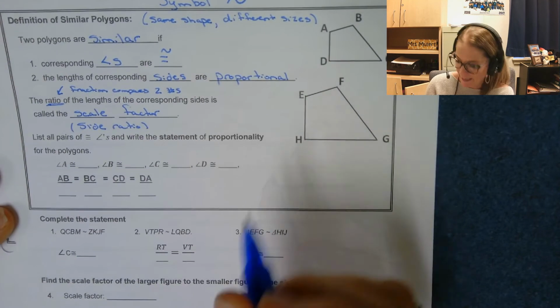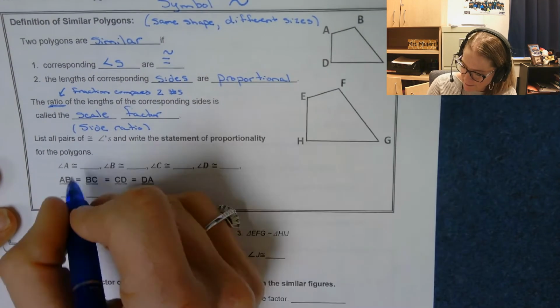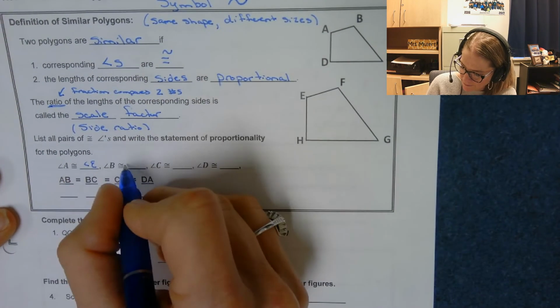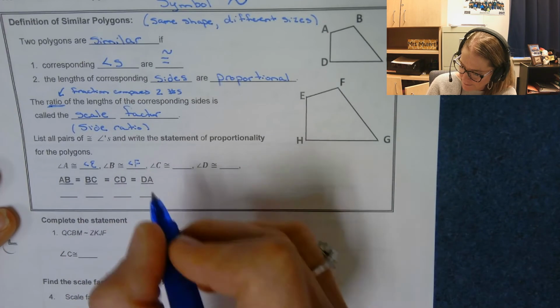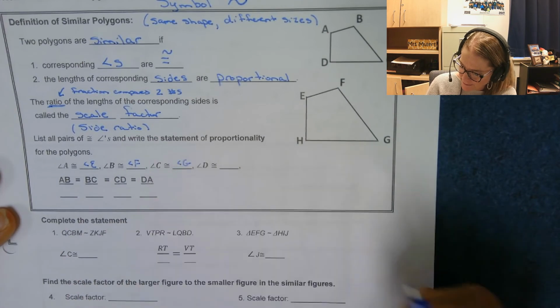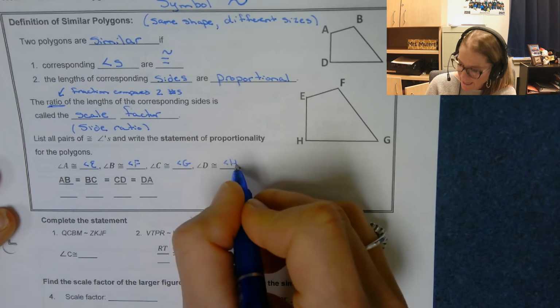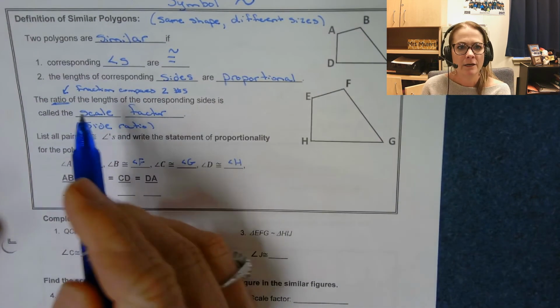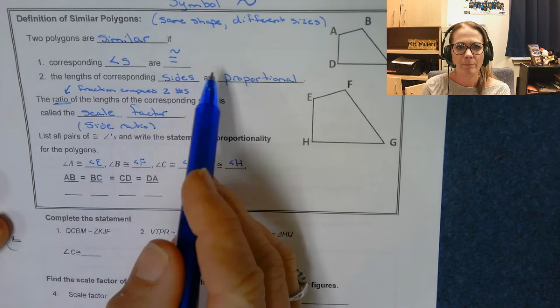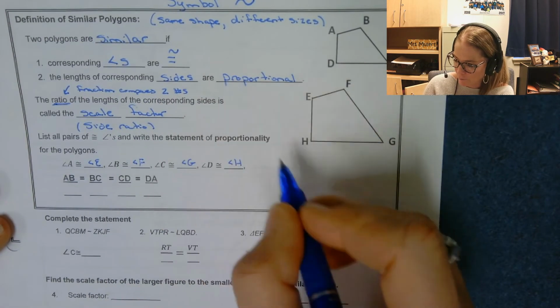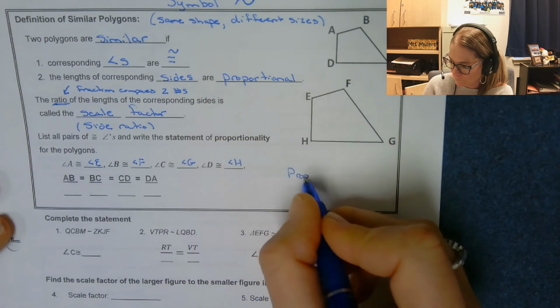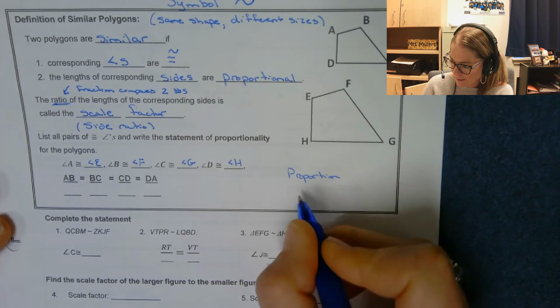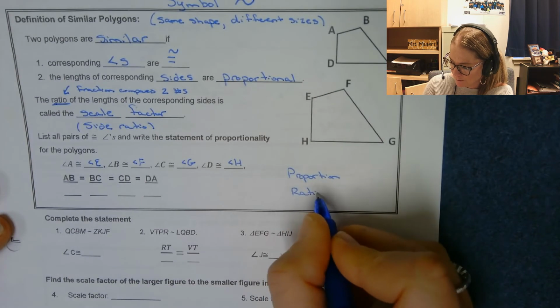If so, then the angles are congruent. So A is congruent to E, B is congruent to F, C is congruent to G, and D is congruent to H. Okay? And then to show proportionality, remember from 7.1, proportions, a proportion sets two ratios equal.